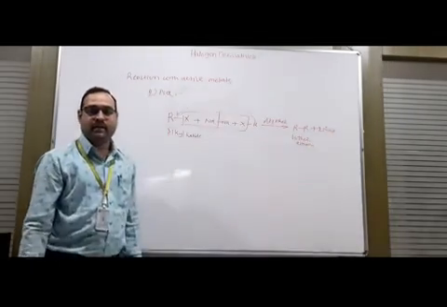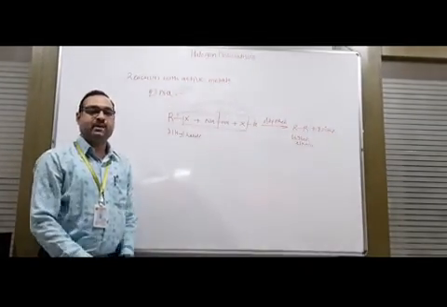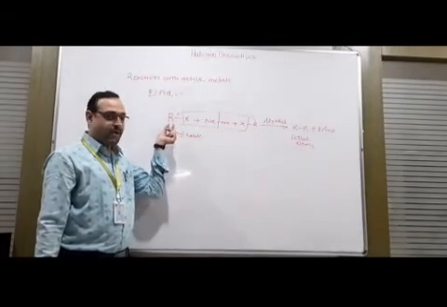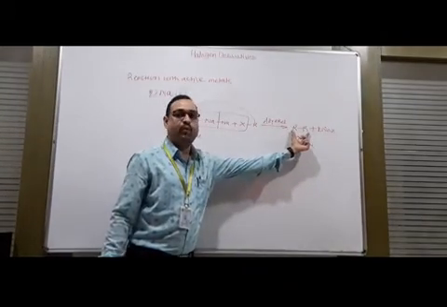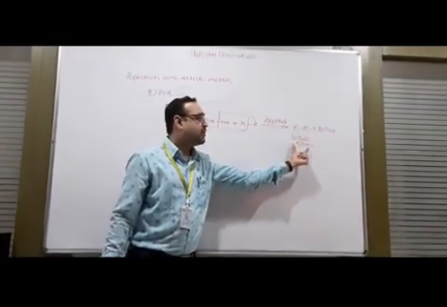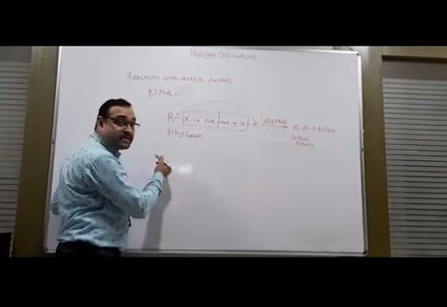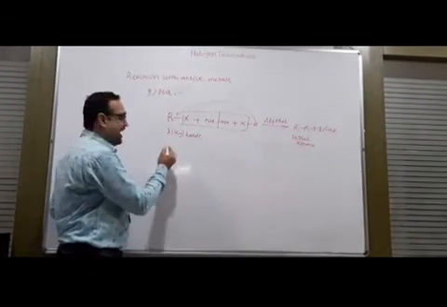Higher alkane. What is a higher alkane? It means the reactant is of 2 carbon but the product is of 4 carbon. It is known as a higher alkane. Let's see an example to clear that.